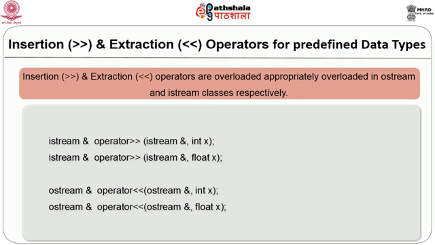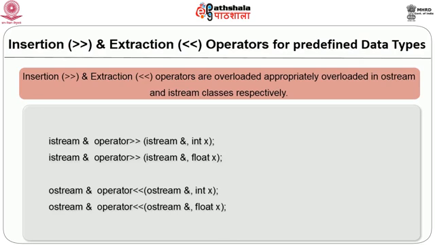Now the prototypes of these overloaded functions in istream class and ostream class would be like this. For istream: reference of istream, keyword operator, extraction operator, reference to istream and integer argument. Similarly, reference of istream, keyword operator, extraction operator, reference to istream and a float argument.